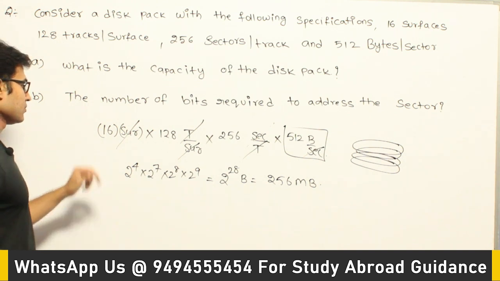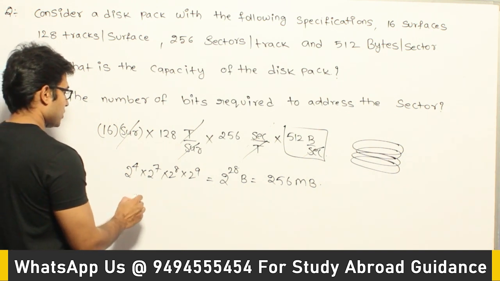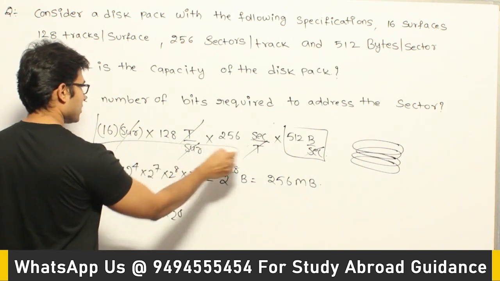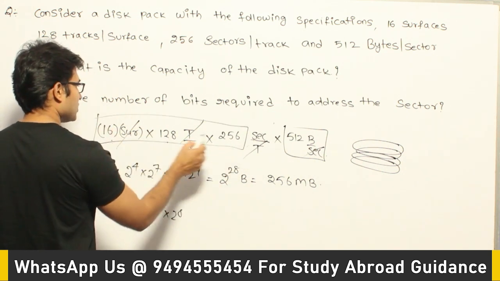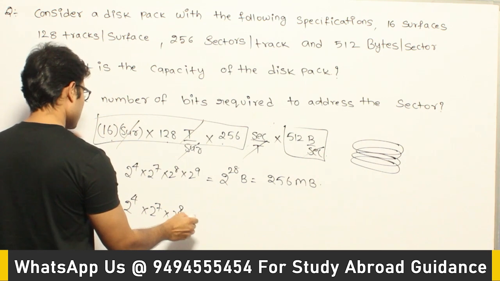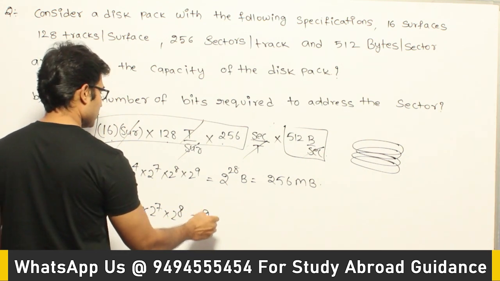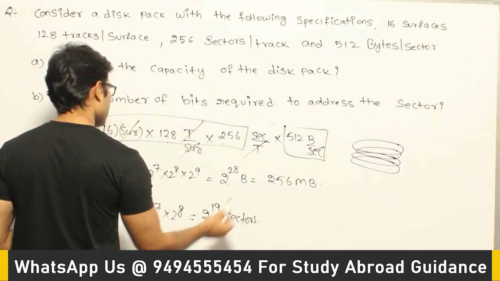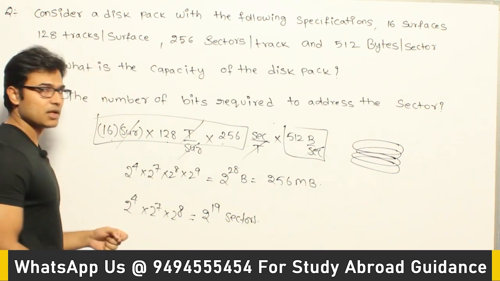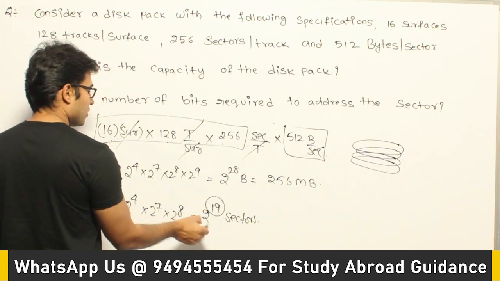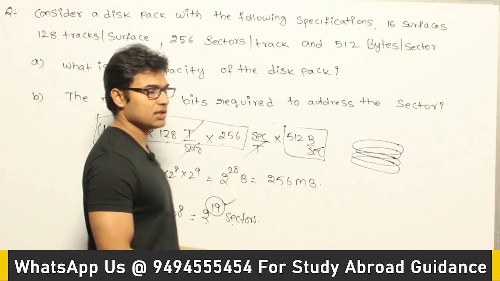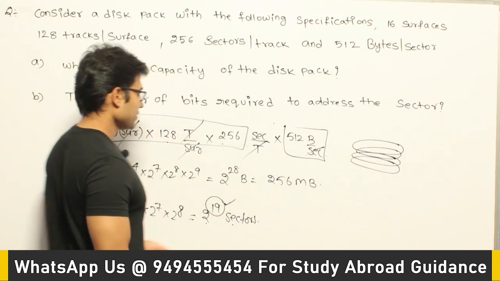Now what is that? 2 power 4 into 2 power 7 into 2 power 8, only till this part. So what is it going to be? 2 power 19. So 2 power 19 sectors are there. In order to address one of them, we need 19 bits. Therefore for the second one, the answer is 19 bits.